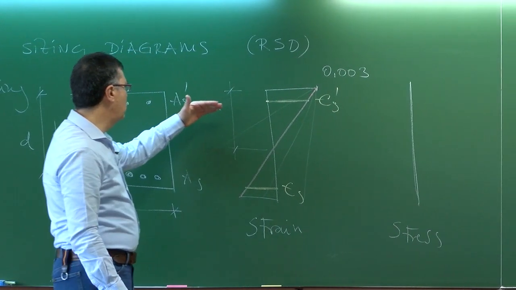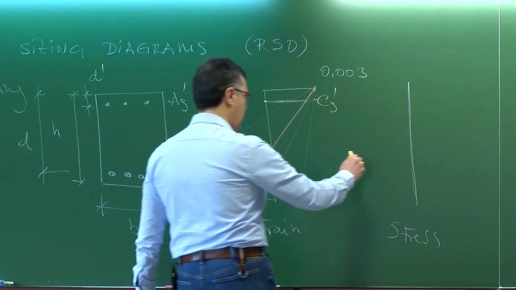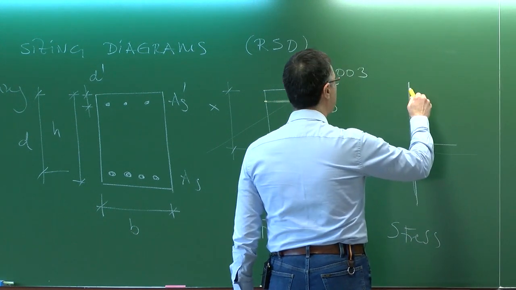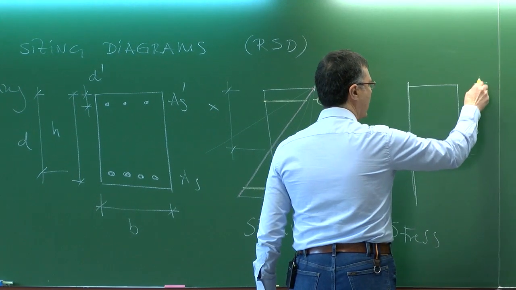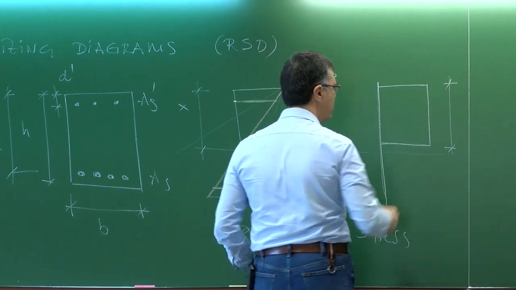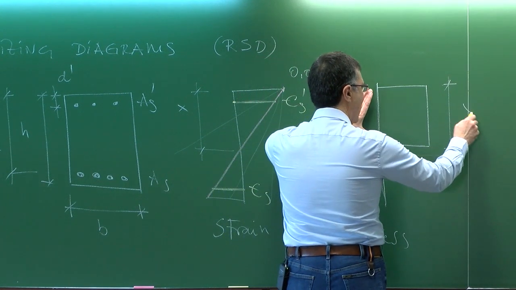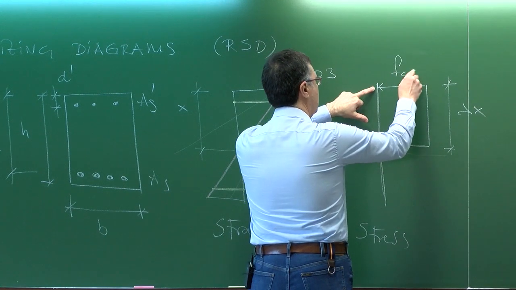Because we are in the ultimate limit state of bending, I can use the rectangular distribution of stresses in concrete. That means that I'm going to consider that it is under compression only over lambda x, and the value of the stress is fcd.